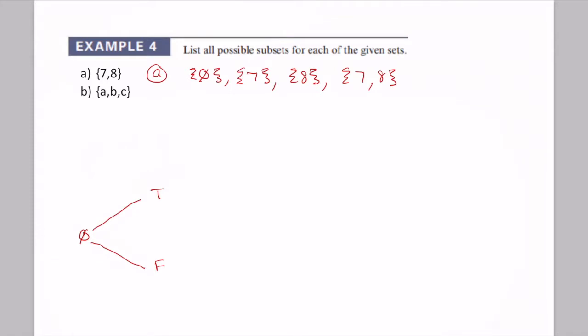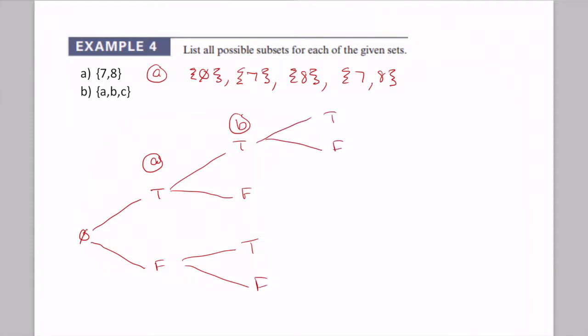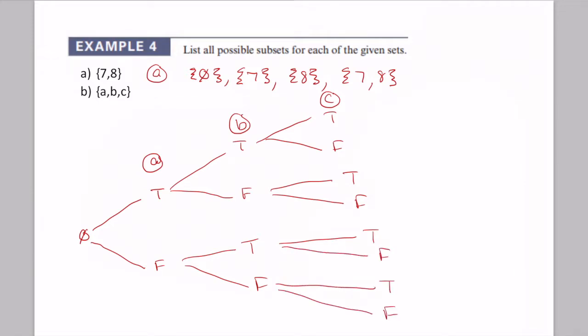That would be for letter A. And then true, false, that would be for letter B. True, false, and then we have true, false for letter C. So if we want to write all the subsets, we're just going to follow this little pattern.